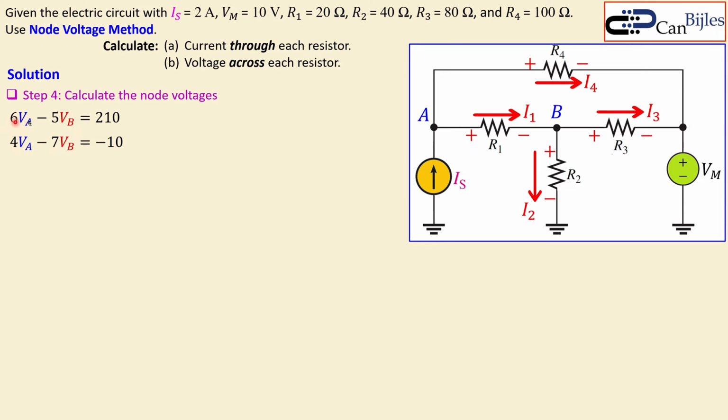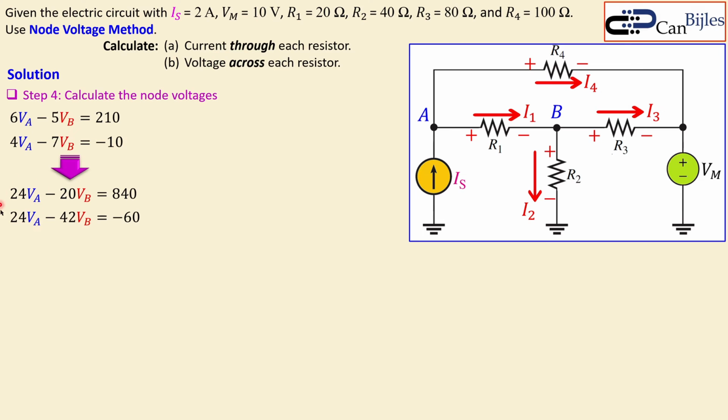So I do 4 times the first equation. That will give you 24 VA minus 20 VB is equal to 840, 4 times each element. This will be then 6 times the second, which gives 24 VA minus 42 VB is equal to minus 60.